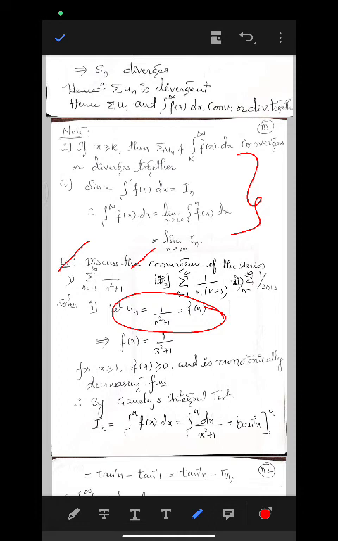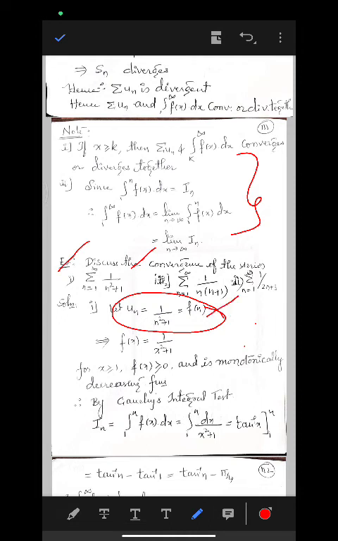First step is, whenever they give the example, you need to verify for x greater than or equal to 1 that the given function f of x should be monotonically decreasing and it should be non-negative, meaning all the elements of the function f of x should be positive, right? So let us solve this example.